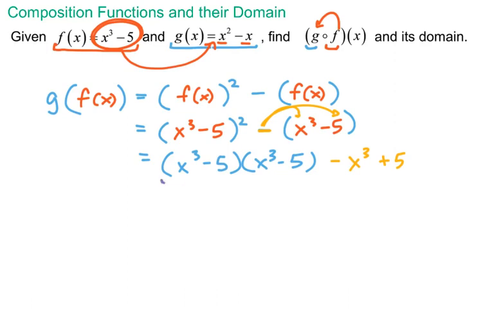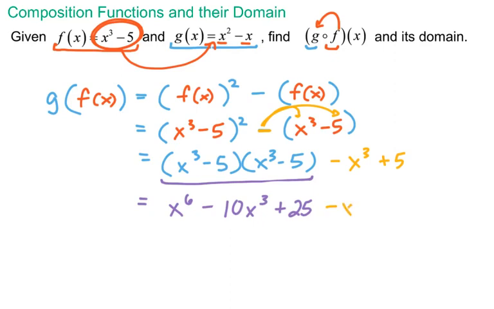Let me focus now on foiling these two terms. First, I have x cubed times x cubed is x to the 6th. We add powers when we are multiplying like bases. I get minus 5x cubed minus 5x cubed for my inner and outer terms, which gives me negative 10x cubed. And then my last terms, negative 5 times negative 5 gives me plus 25.